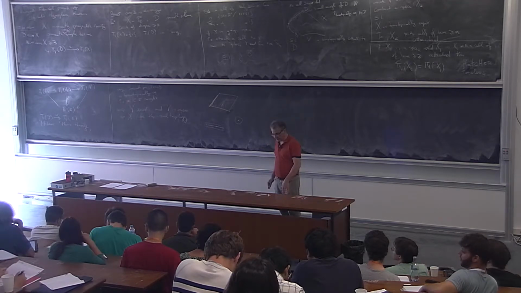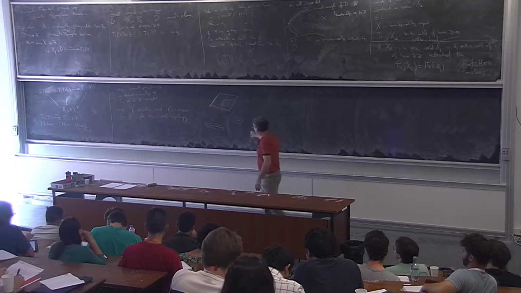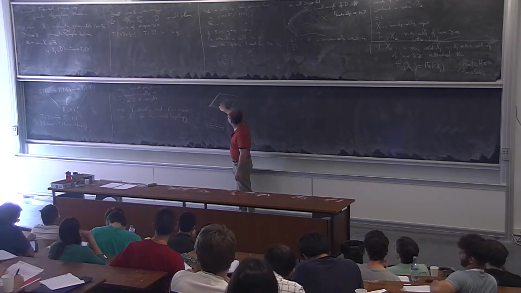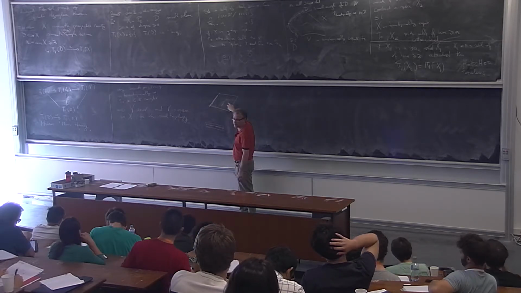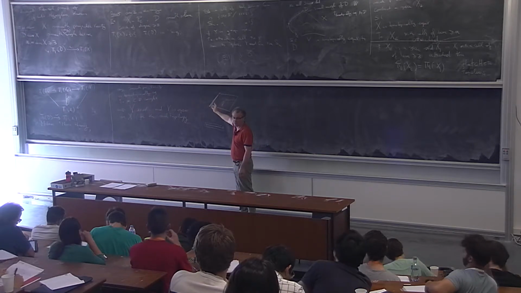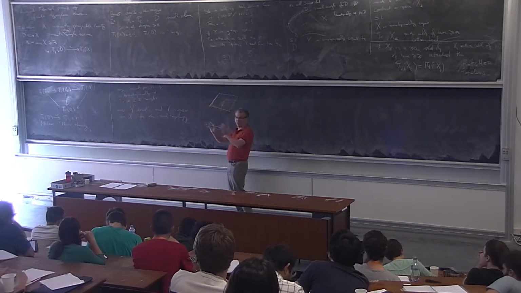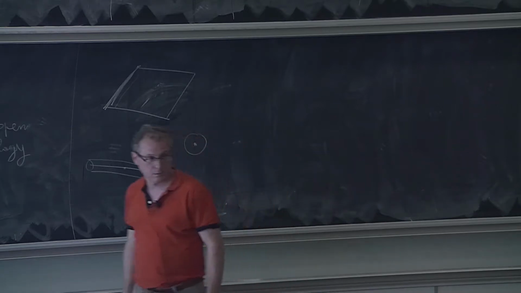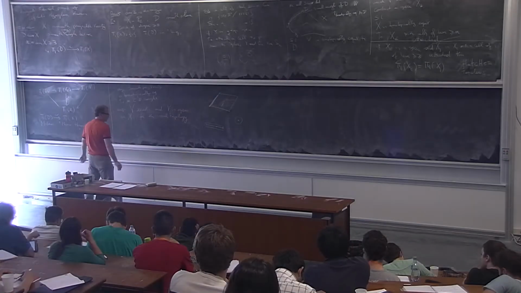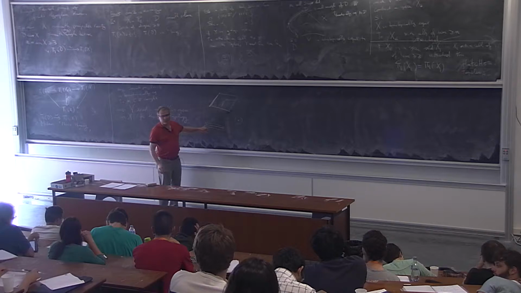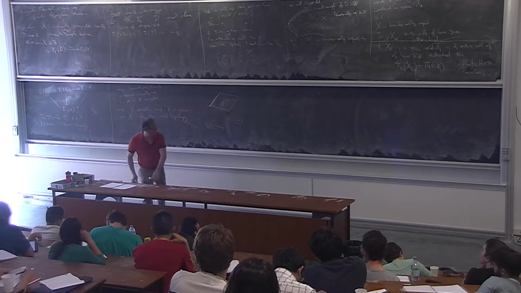Exactly. This is what I wanted to do. This is my picture. You take a triangulation of the variety such that D is part of the triangulation, and then you enlarge a little bit. And yeah, I'm sorry if I wasn't clear enough.